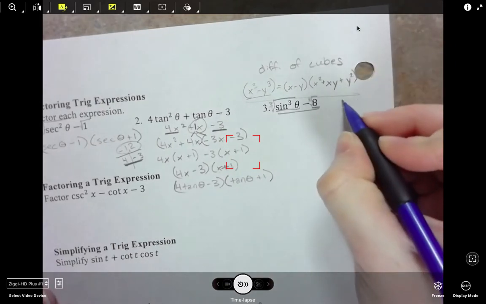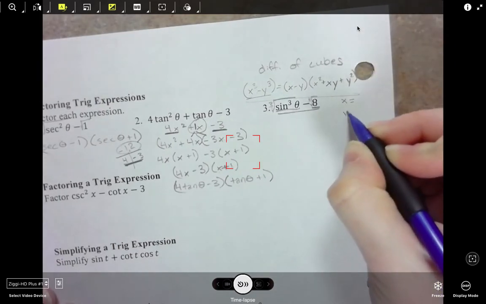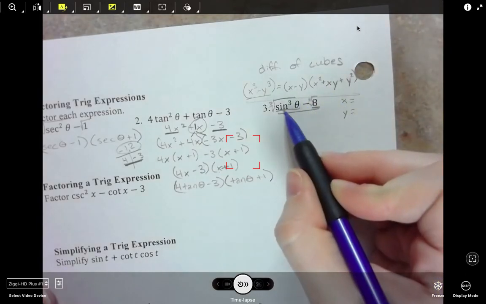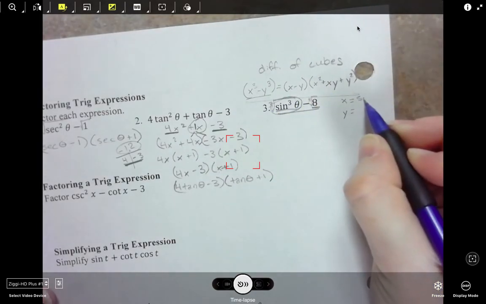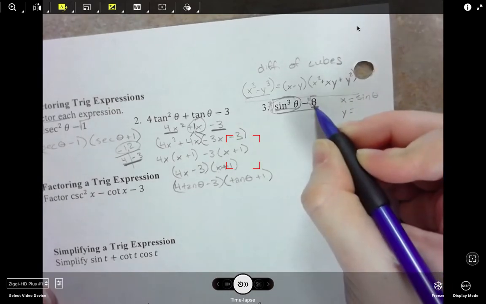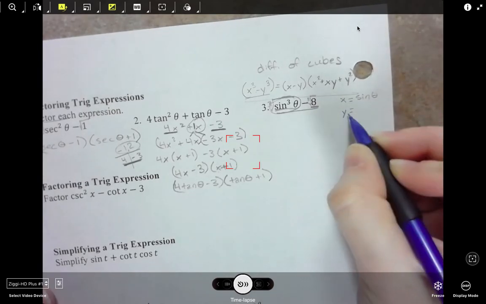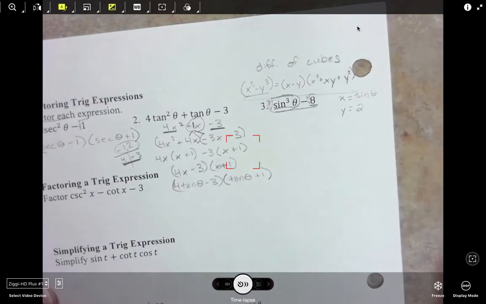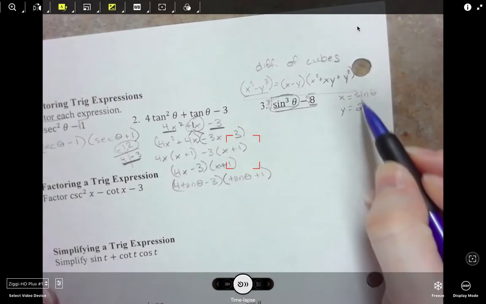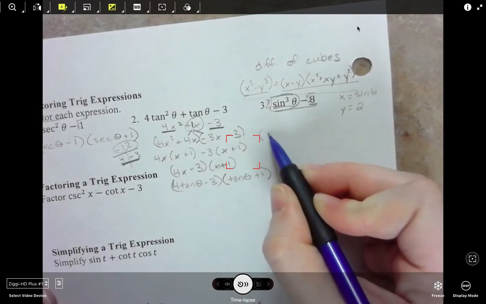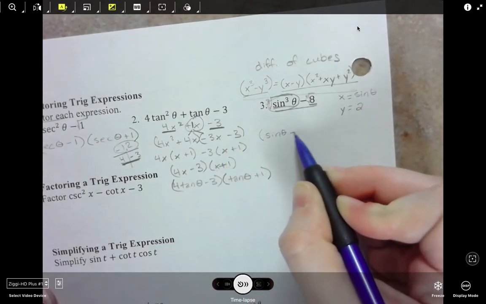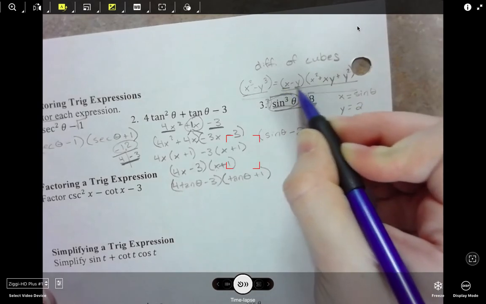So what might be the easiest thing is to identify what our x is and identify what our y is. If this is what x cubed is, then x would be sine of theta. If 8 is what y cubed is, then y would be 2, since 2 cubed is 8. So that's our x and that's our y. To break it down, it will look like sine of theta minus 2, because that's the x minus y part.